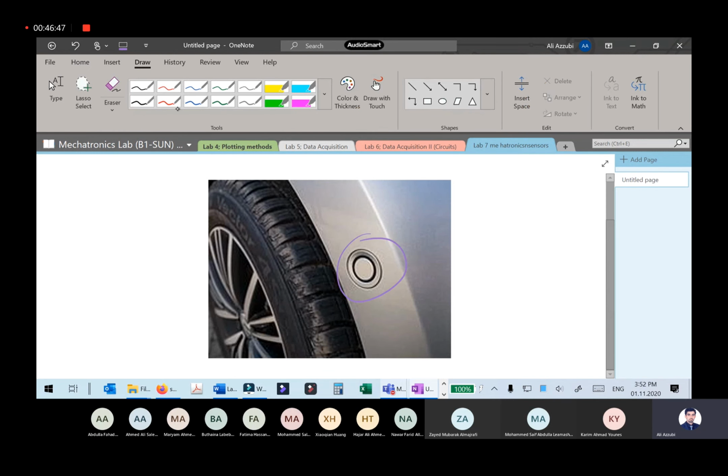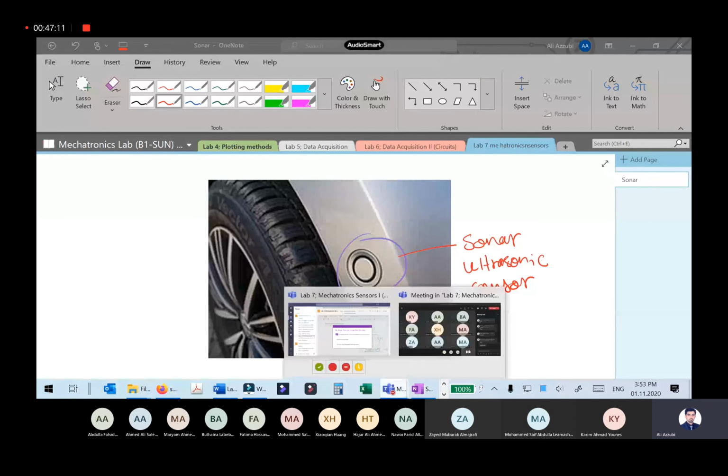This is actually a sonar or ultrasonic sensor. In cars, these are used to sense surrounding objects and to avoid obstacles, and in parking assistance as well. So how do they work? We'll see in a moment.